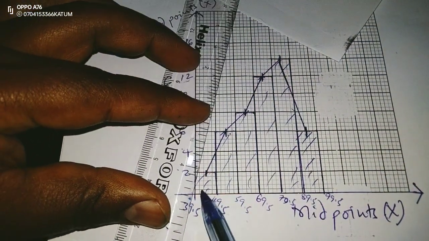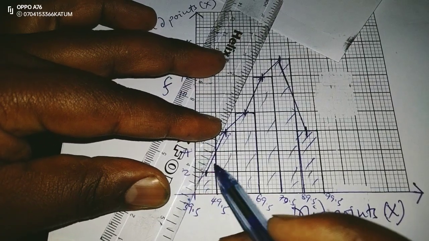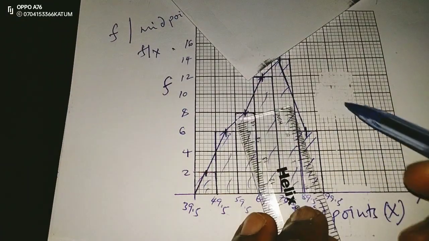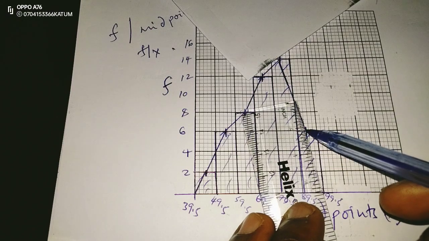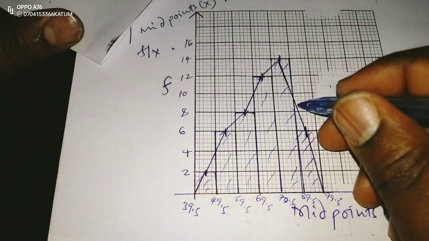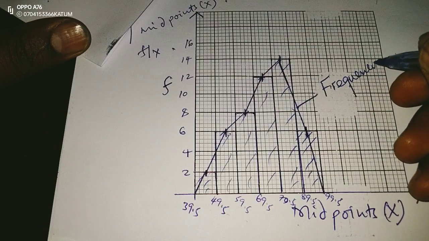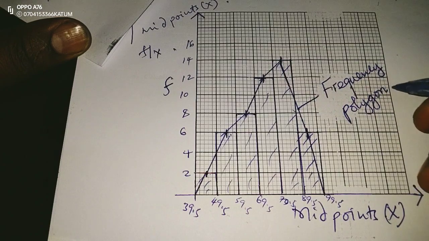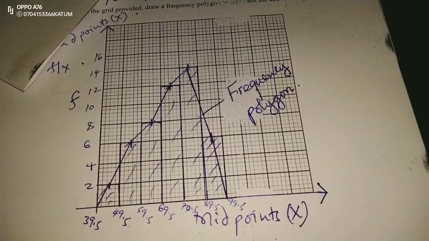The first midpoint is anchored at the first lower boundary, so this one will be brought here. Then the last one should also be dropped to the last class boundary here. So this is what we call a frequency polygon. It represents the data above.